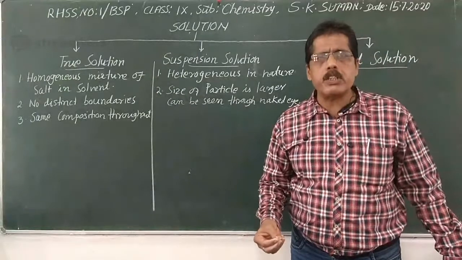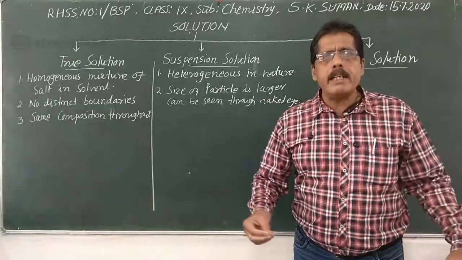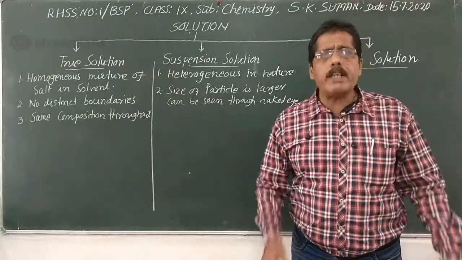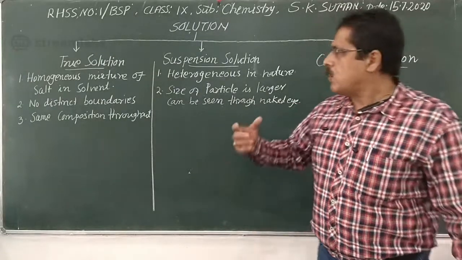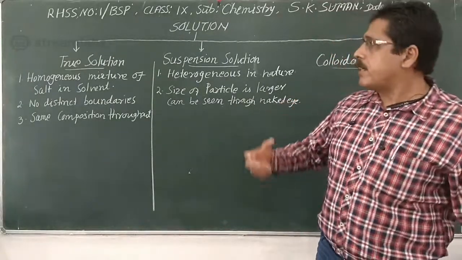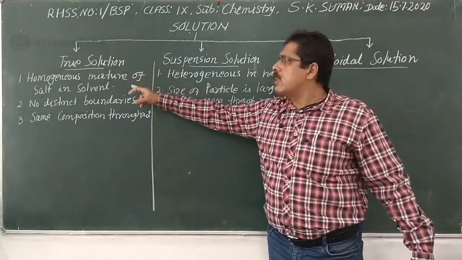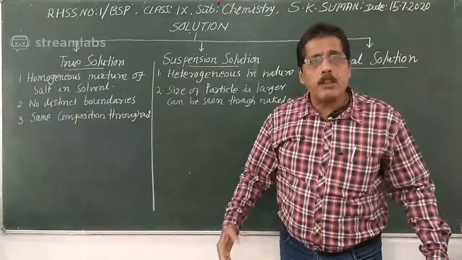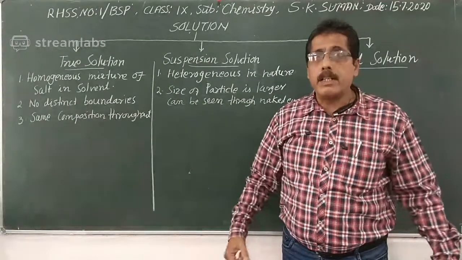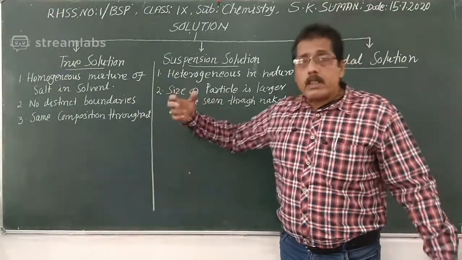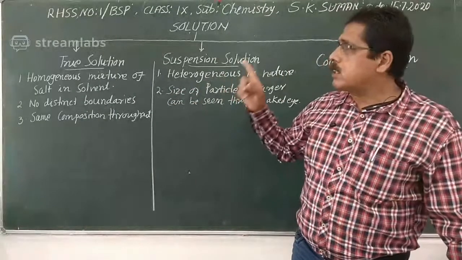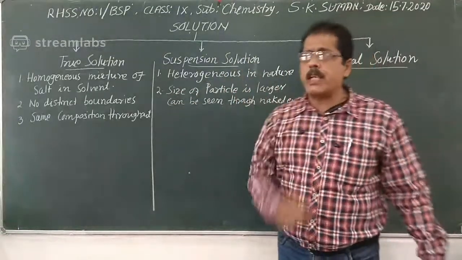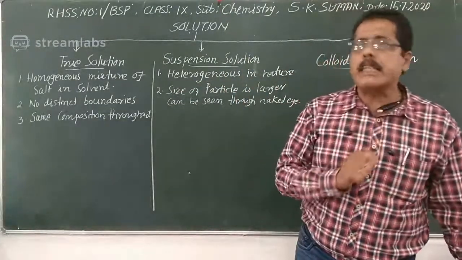Let's discuss what the properties of these true solutions are. First you came to know that they are homogeneous in nature, meaning the composition is the same throughout. Now I am going to give you one example to make you understand. See, if I have two beakers, one beaker contains solvent and in another beaker I have taken some solute.